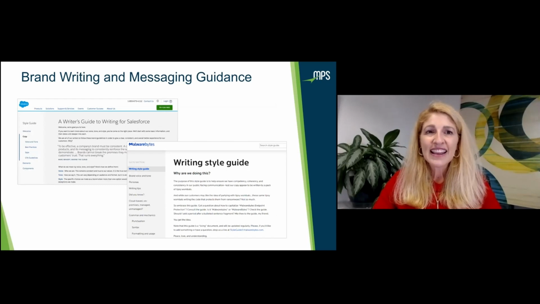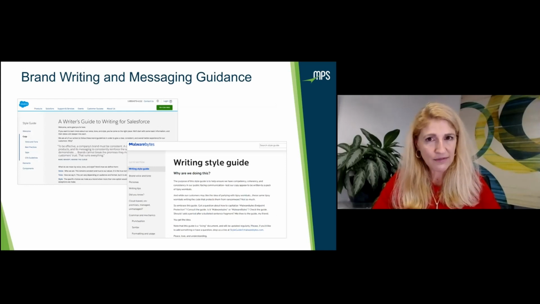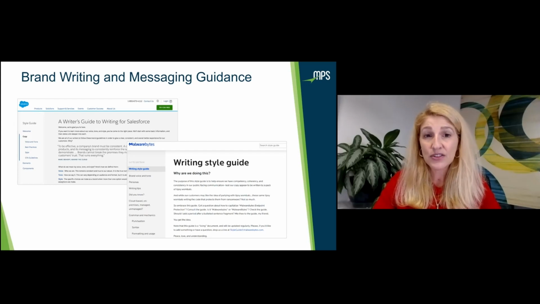So first, is a brand writing and messaging guide. And it really includes the brand messaging framework, talks about that brand voice and tone and provides guidance around that. And then it can also include any specific grammar or formatting approaches that should be followed. And by grammar, we really talk about, sometimes organizations, even the basics, speak to products or solutions or services in a certain way.